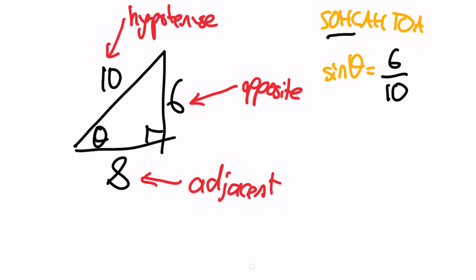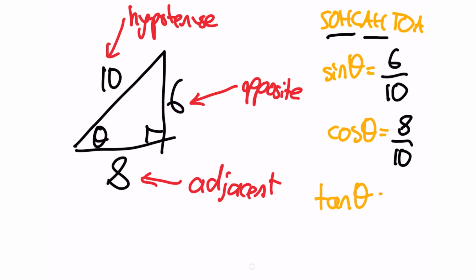So that is what sine theta equals. Next, we have cos theta. And that's equal to the adjacent over the hypotenuse. So that will be 8 over 10. And lastly, we have tan theta. And that's going to be equal to opposite over adjacent, which is 6 over 8.